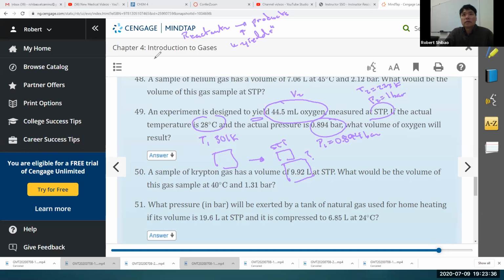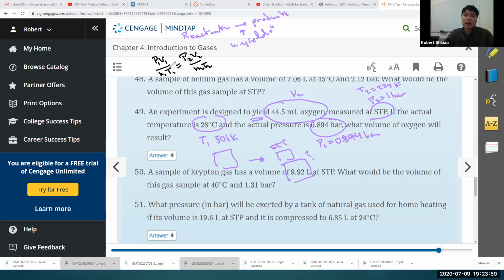So we use the combined gas law. From now on, I don't care what Charles' law, Boyle's law, and all the other laws are. I just care about the combined gas law because it's the only one you need to know up to now, and Avogadro's law.